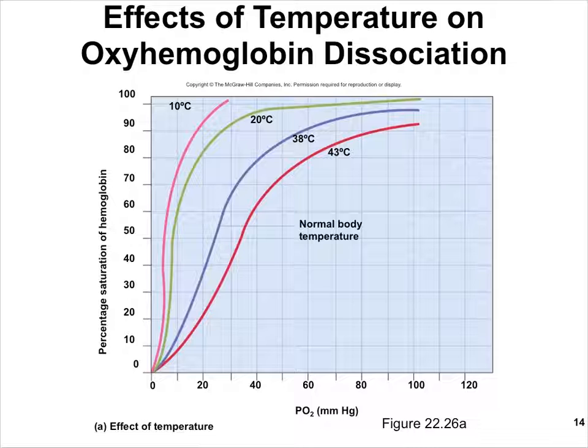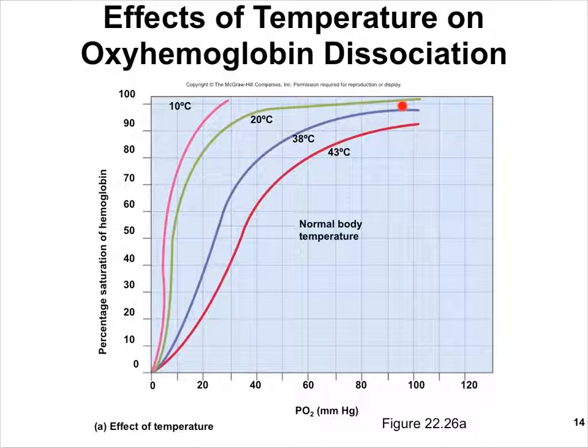If you'll recall, fully oxygenated blood that's right in the lungs, the partial pressure of O2 in there is around 100. It's actually about 95. We go up here and we take a look how much of our hemoglobin is saturated. Well, it's about 98% of our hemoglobin is saturated with oxygen.